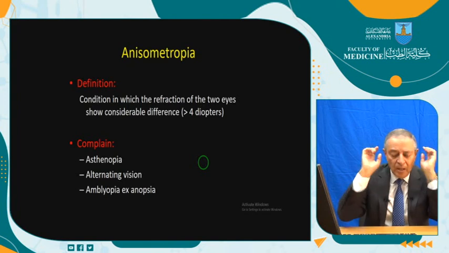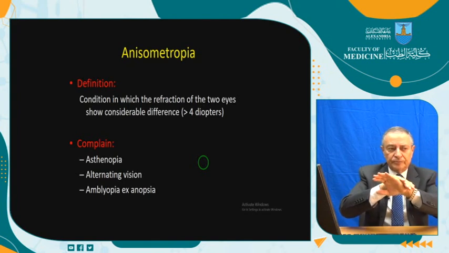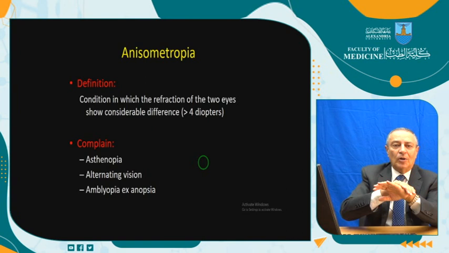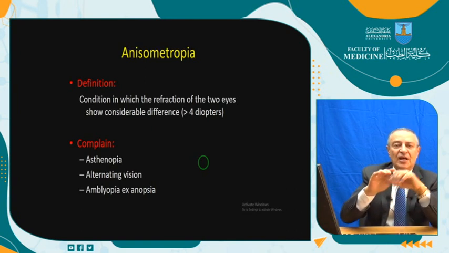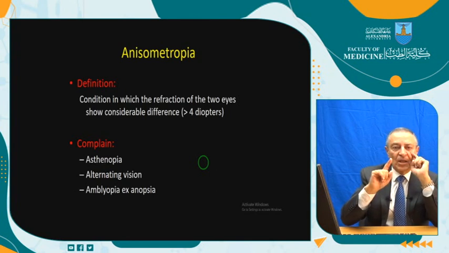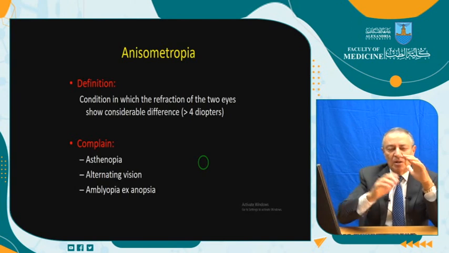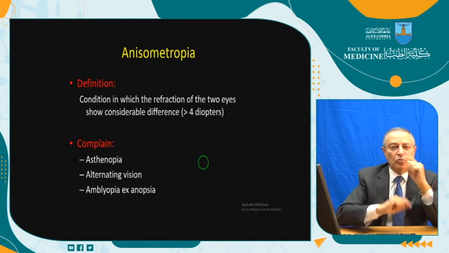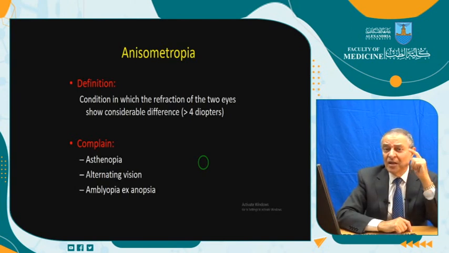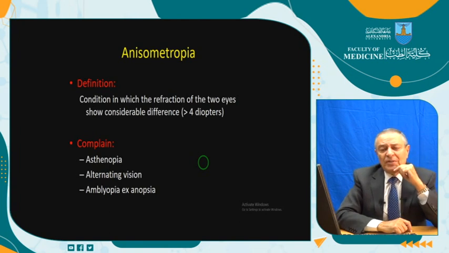The brain cannot accept this, what we call aniseikonia, a difference in the size of the image between right and left. The brain can accommodate a difference up to 7% between both. More than that, there will be difficulty.